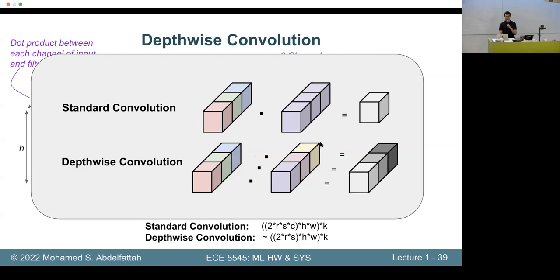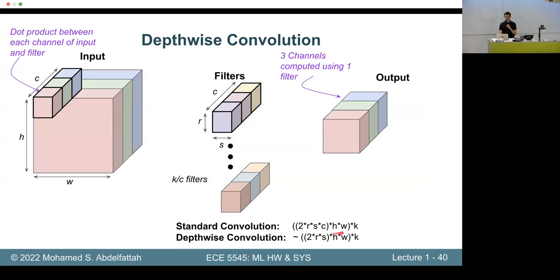They're using that because this needs a lot less computation to produce the same output shape. Specifically, if a standard convolution is this many computations, then a depthwise convolution drops the C factor and becomes much more efficient.